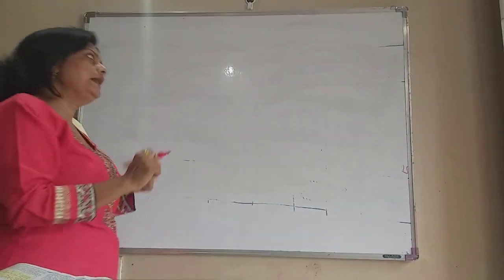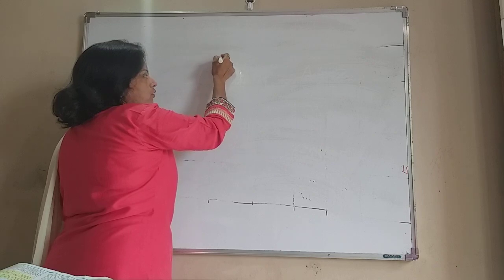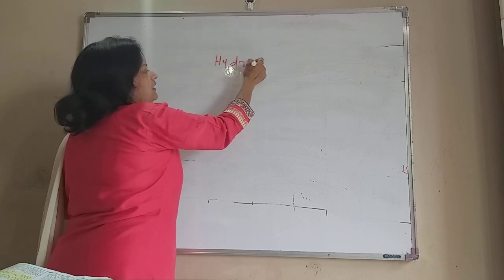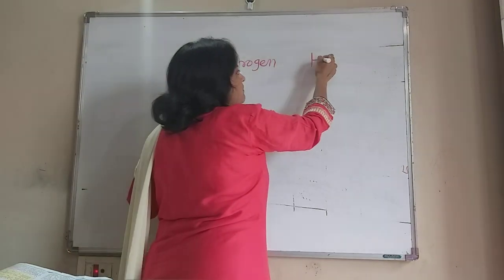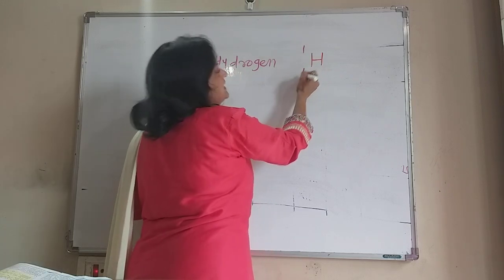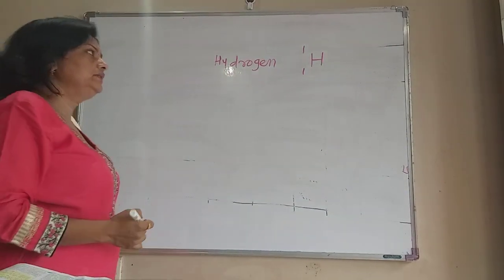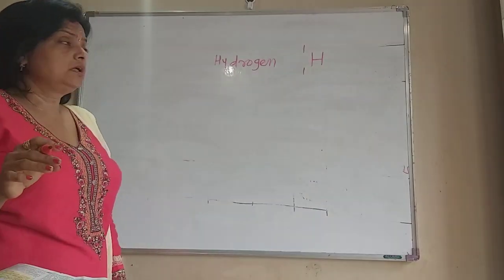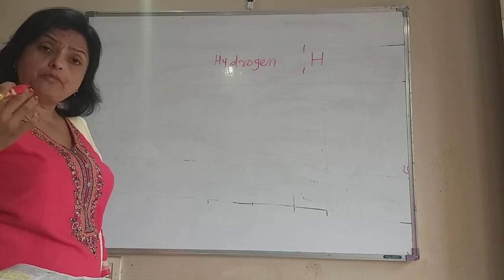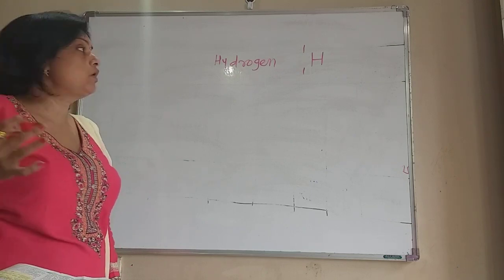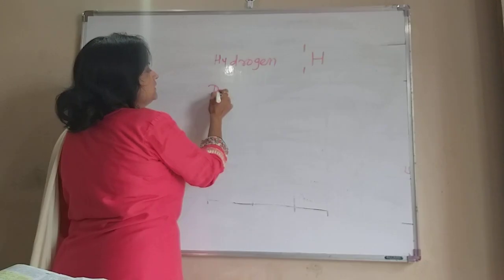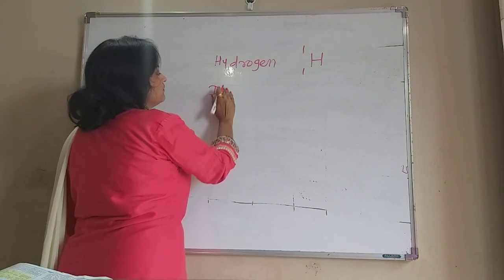You know that normal hydrogen has mass number and atomic number the same. In nature, some atoms of hydrogen are found in the form of deuterium.